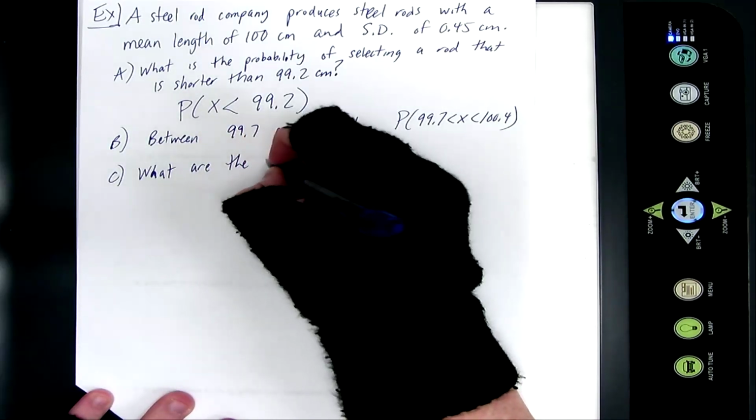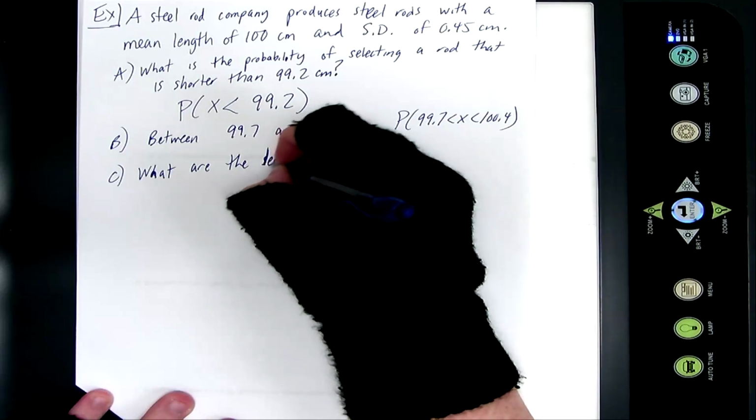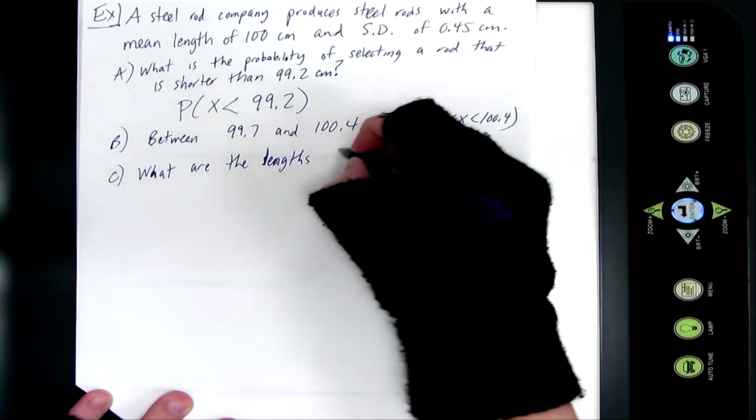What are the scores, or the lengths, for the middle 90%?